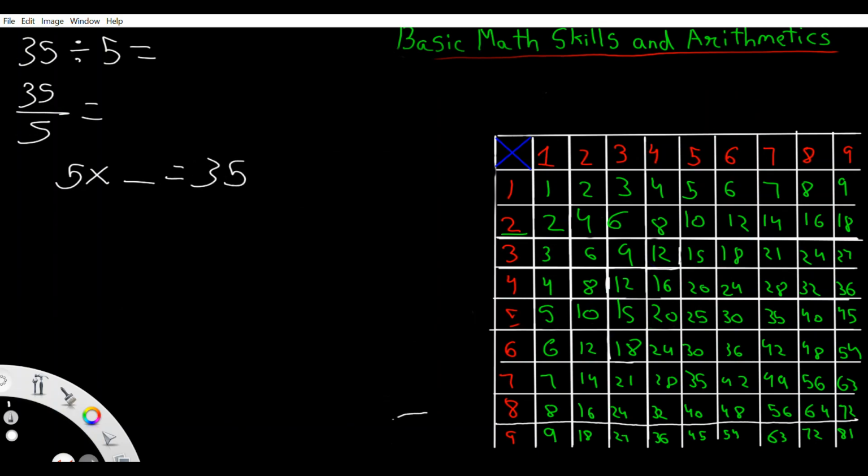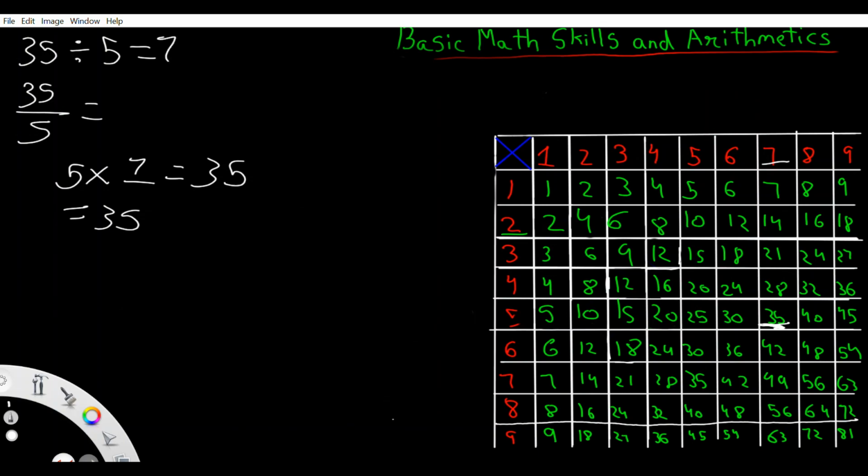So we go to the fifth column and we select 35, and which row is it? The 7th row. So 5 times 7 is equal to 35. So 35 divided by 5 is 7.